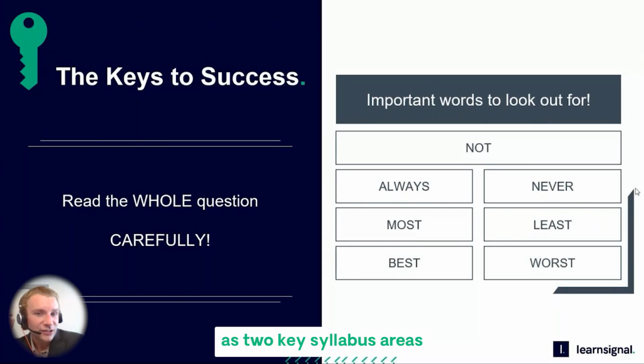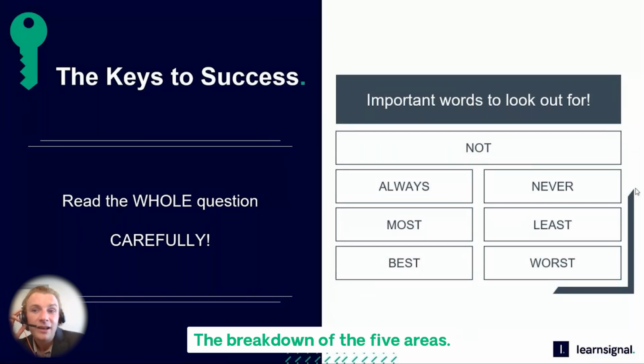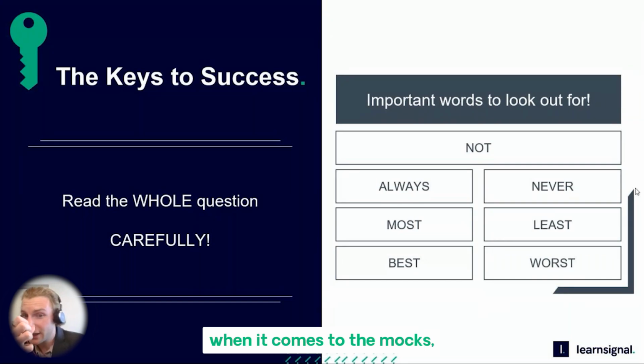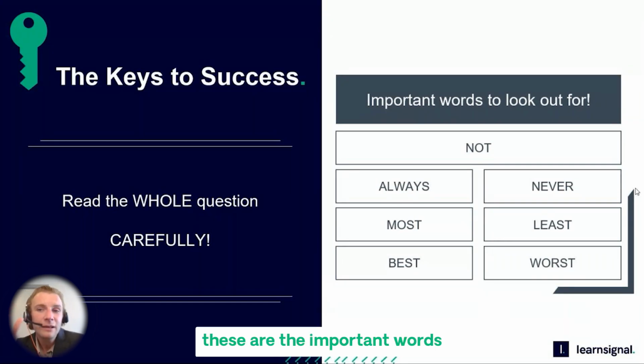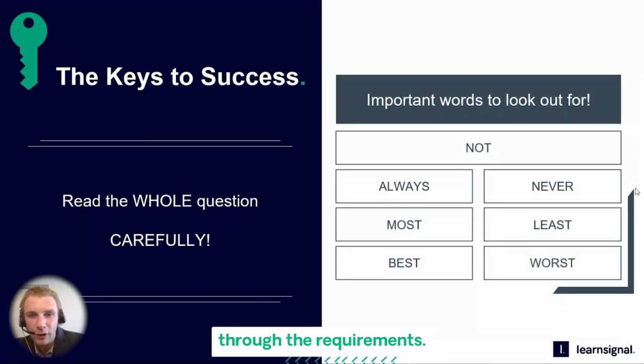And I've touched on earlier as to key syllabus areas where you go, they are important, the breakdown of the 5 areas. Well, in terms of the questions, and so that you see the familiarity in these when it comes to the mocks, these are the important words to look out for and to really put emphasis on in your exam when you're reading through the requirements.